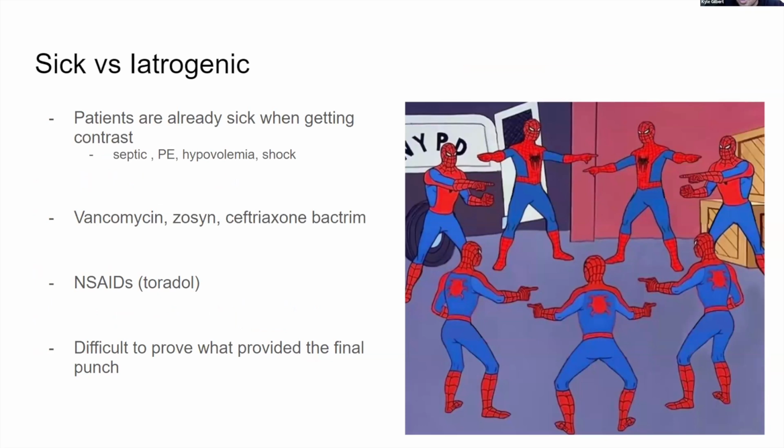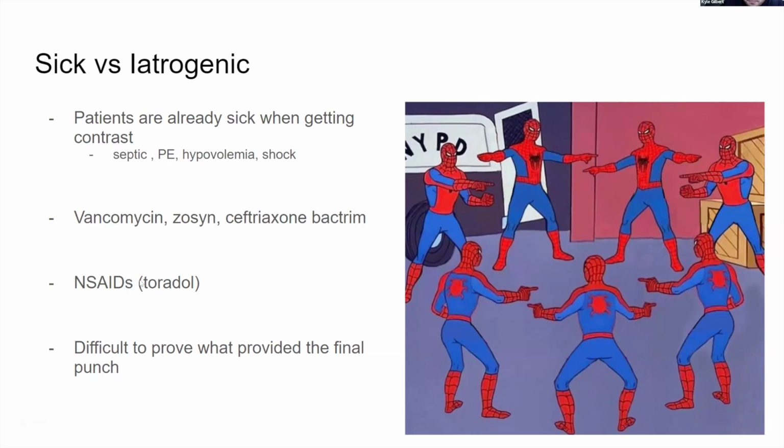We're a big vancomycin shop. How many patients get vancomycin, ceftriaxone, and Bactrim every day? And all these things can cause AKI. How many times do you give Toradol to these patients? NSAIDs also cause AKI. So there's a lot of different variables of why these patients can get AKIs, and it's really hard to see like who done it, right?